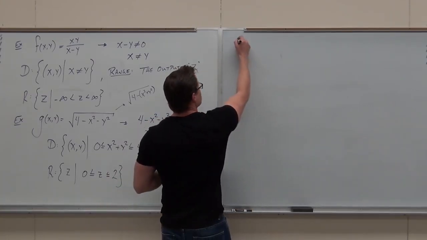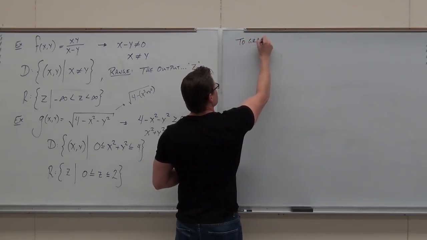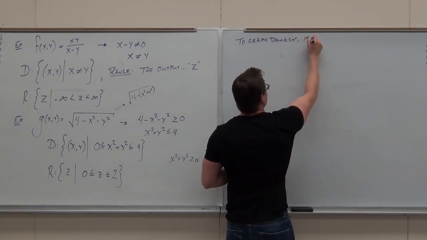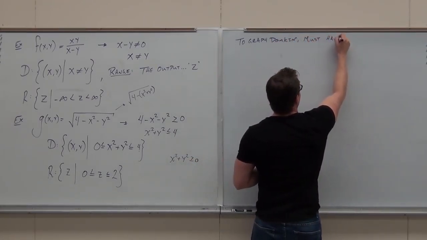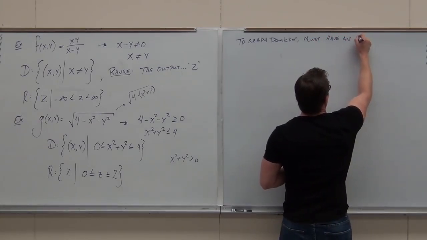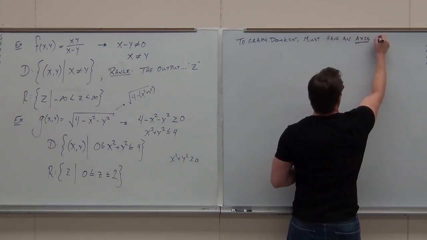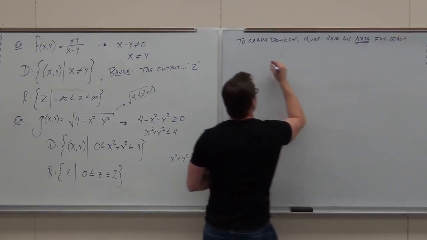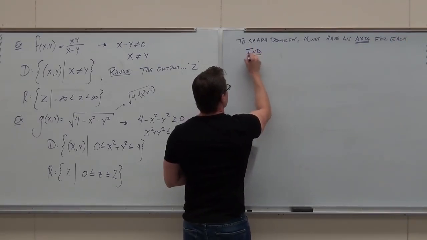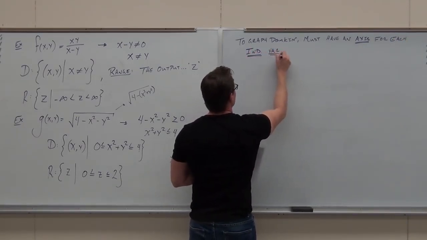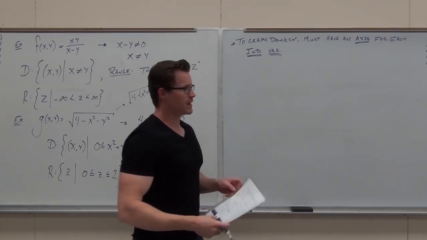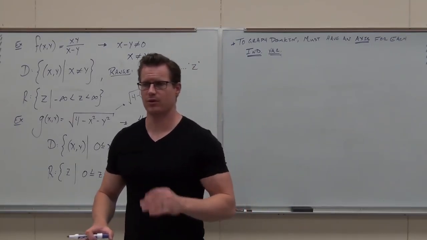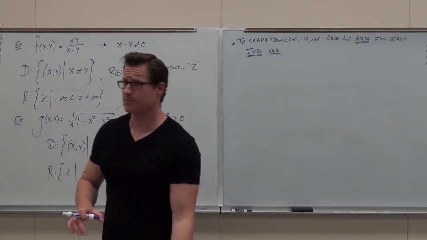So to graph the domain, you have to have an axis for each independent variable. This will work all the time for your domain.